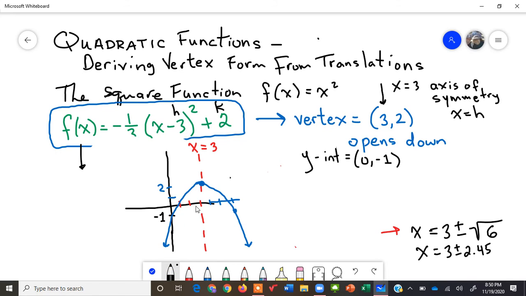Now the x-intercepts are equidistant from this axis of symmetry x equals 3. We're actually moving 2.45 units to the right and to the left. So 2.45 takes us to 5.45. And then here, 2.45 takes us to 0.55.